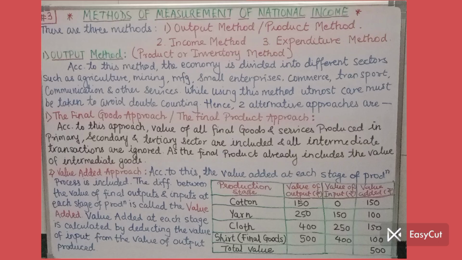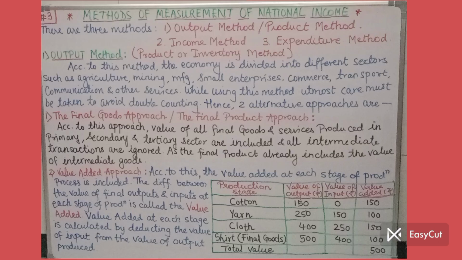Now in this, I hope you know about the primary, secondary, tertiary sector, but still in short I will tell you. Primary sector means agriculture, mining, that is primary sector. Secondary sector means basically it deals with the manufacturing activities. That means converting or transforming the raw material into finished product.